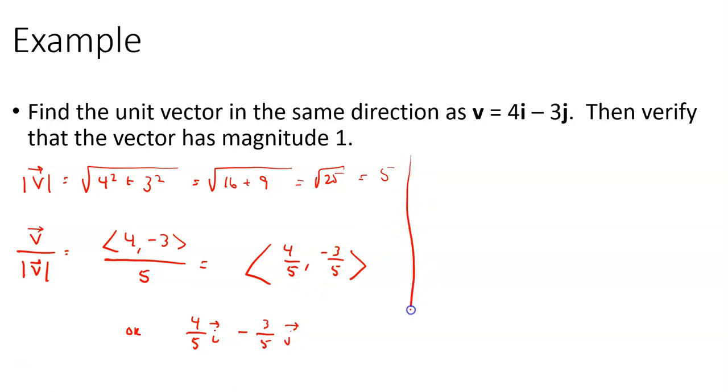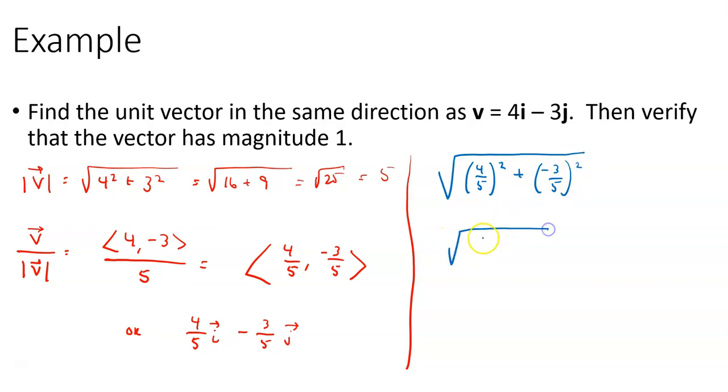All right, the second part of the problem said to verify that it has a magnitude of 1. So to do that, we take the new vector and we apply the magnitude formula. The magnitude is the square root of a squared plus b squared. So it's the square root of (4/5) squared plus (negative 3/5) squared. And then we work the order of operations, right?